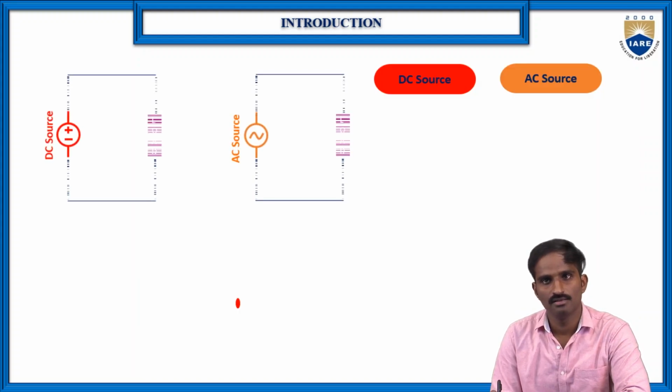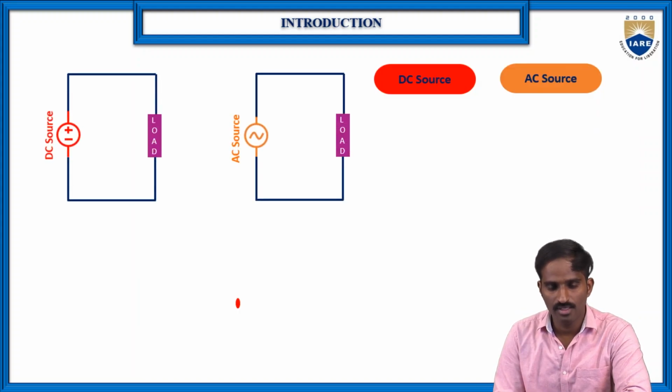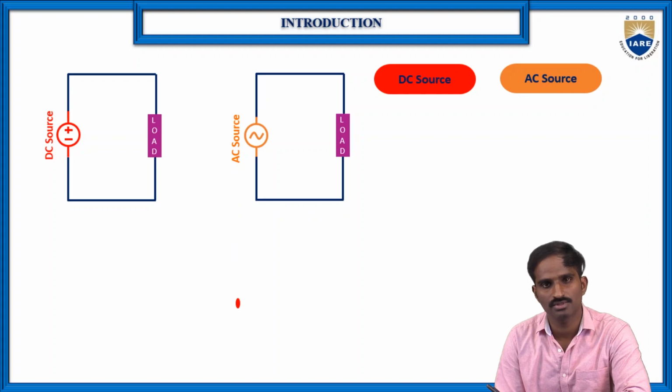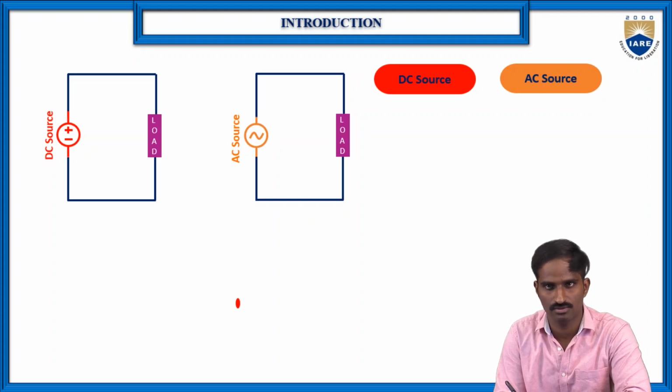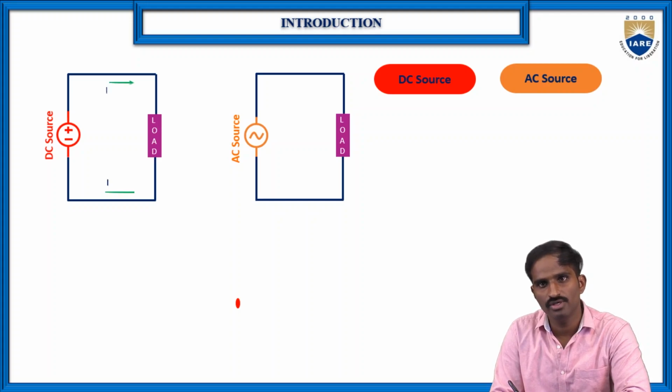Next, let me tell you the very basic differences between the DC source and the AC source. What is a DC source, what is an AC source, and how is each represented? I mean, how can you identify whether it is a DC source or an AC source?